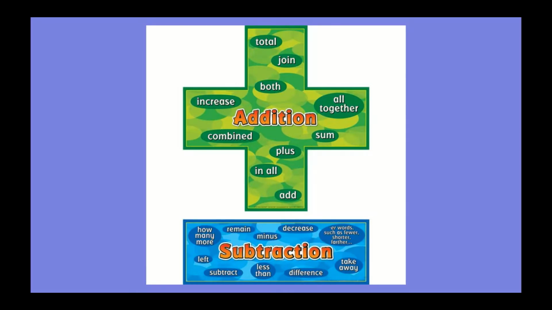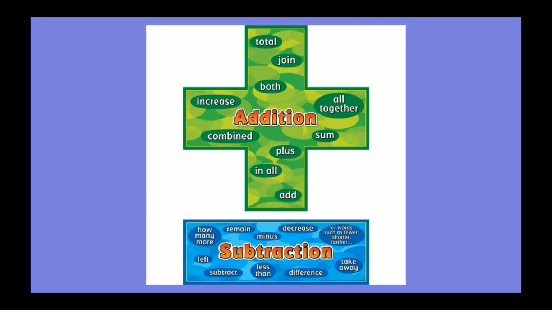Some of those words include total, join, both, all together is a big one, combine, in all, plus, increase. Less often they will say add or sum because those are direct words that mean to add. More often than not, it'll be the other words: all together, combined, join, increase.